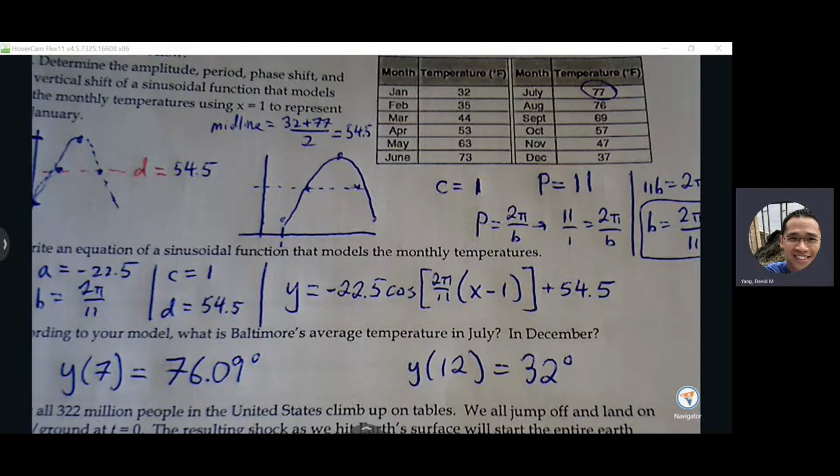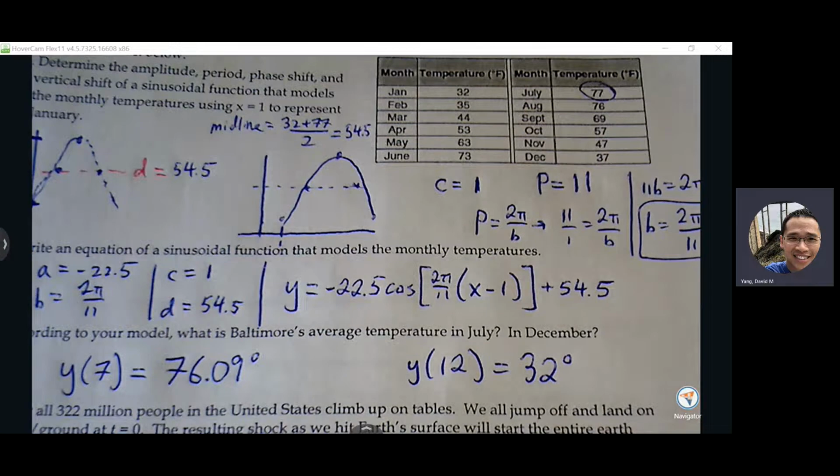This model is not perfect because we're ending at 37, but we're just getting some approximations here.